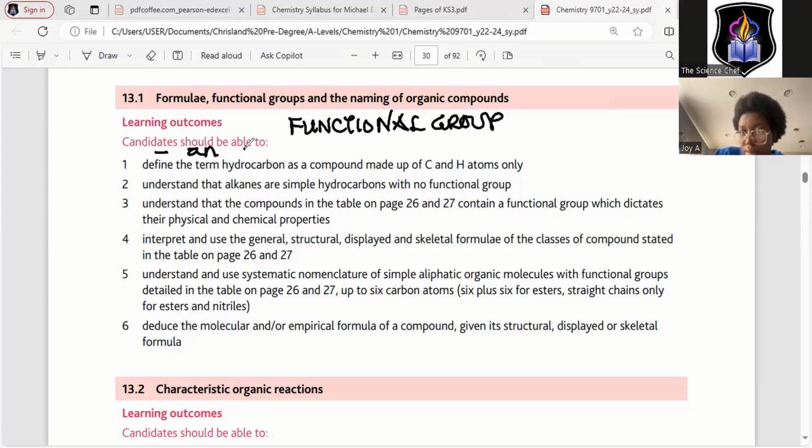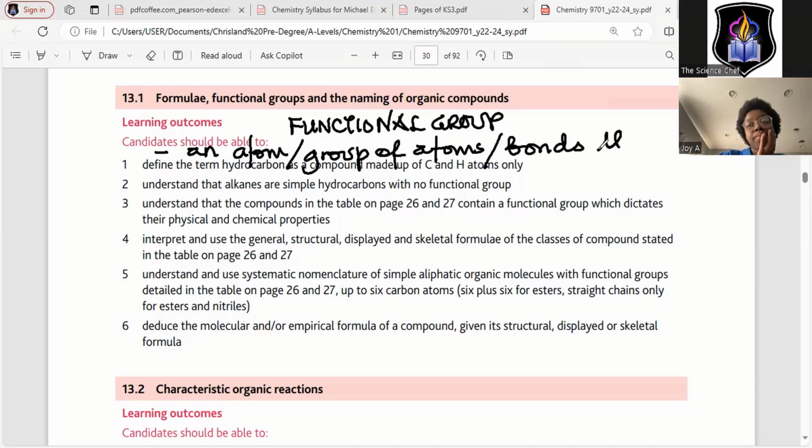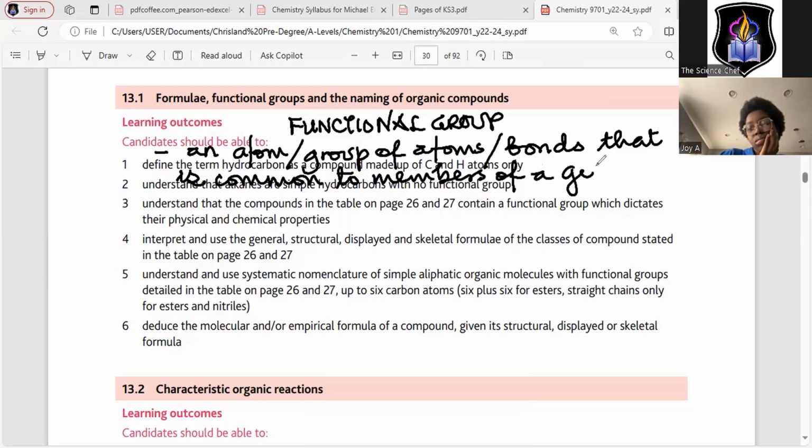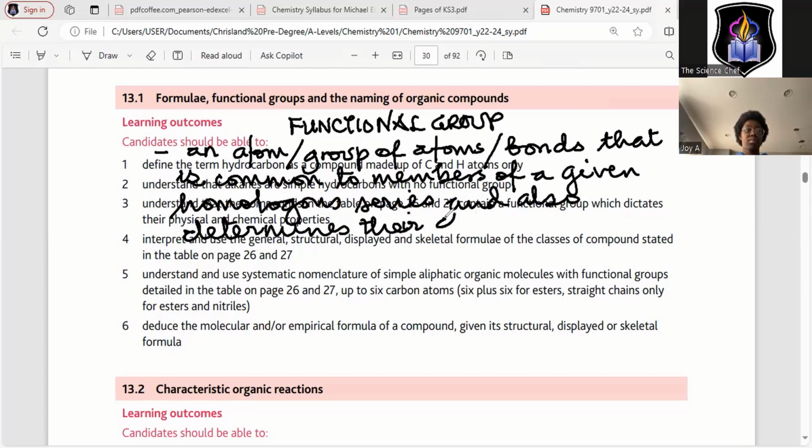A functional group is an atom or group of atoms or bonds that is common to members of a given homologous series and also determines their chemical properties.